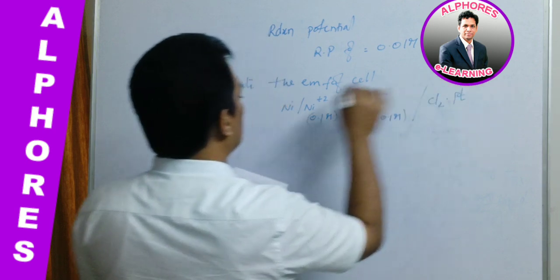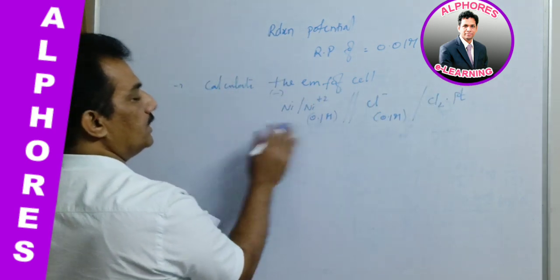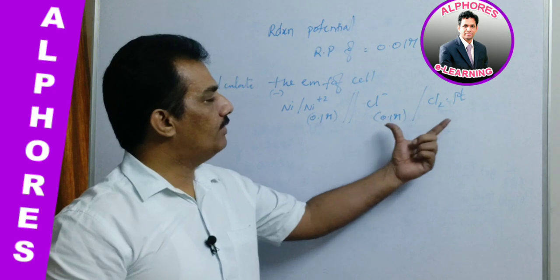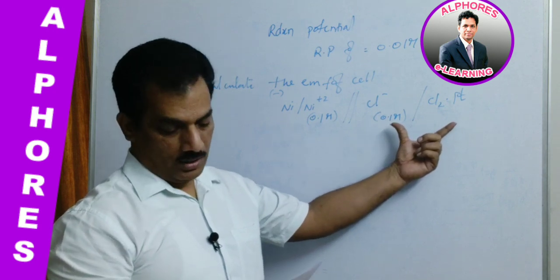We already know that what is written on the left side is the OHE and what is written on the right side is the RHE.